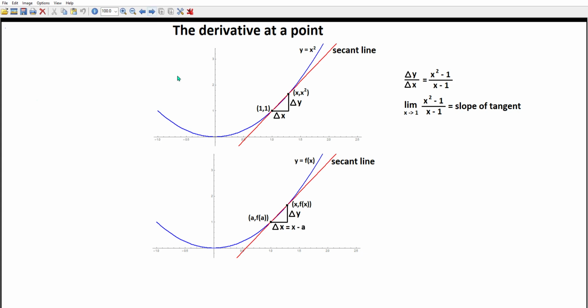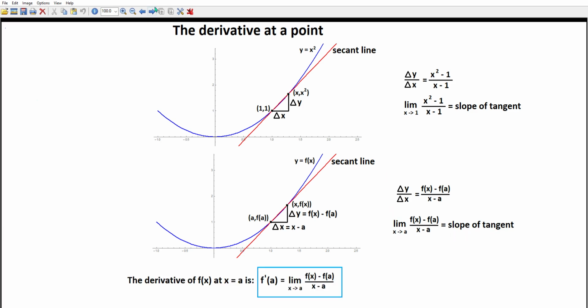This time, however, delta x is x minus a, and delta y is f of x minus f of a. The ratio is the slope of our secant line, and then we want to take the limit of that, and that'll give us the slope of the tangent.